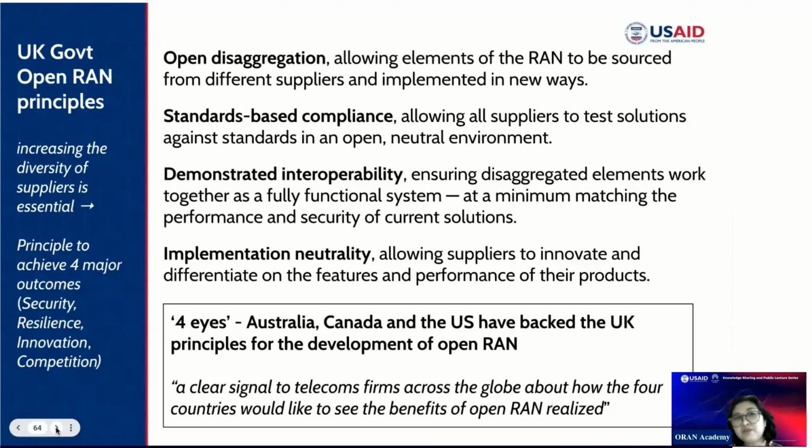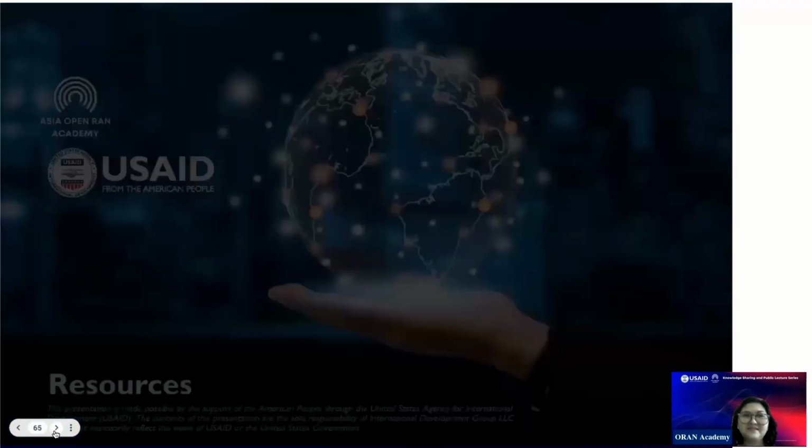It will also demonstrate interoperability as well as implementation neutrality. At the moment, there are the Five Eyes, and that includes Australia, Canada, and the US, that are backing these UK principles for the development of Open RAN. So basically, it will be a clear signal to telecoms firms across the globe about how the countries would like to see the benefits of Open RAN realized.